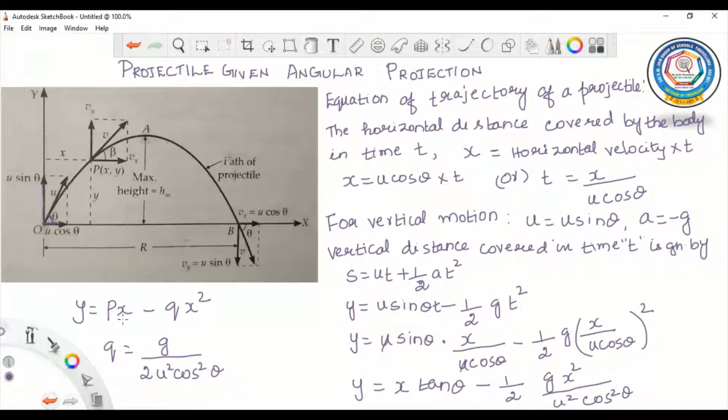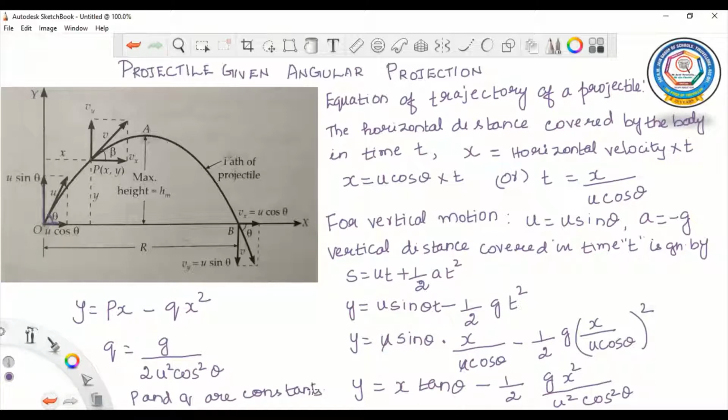So y is equal to px minus qx square, and we can say that p and q are constants.